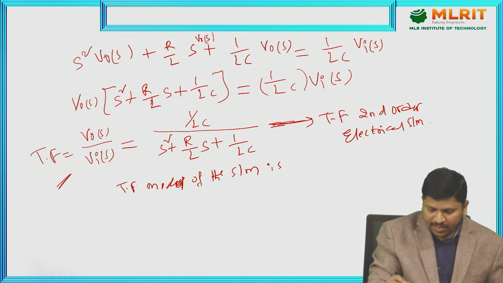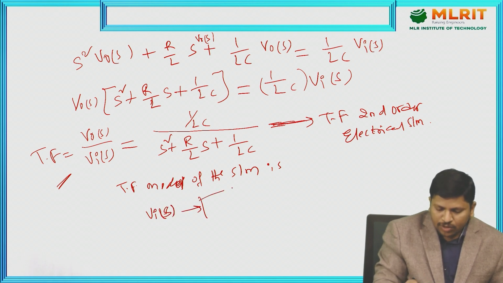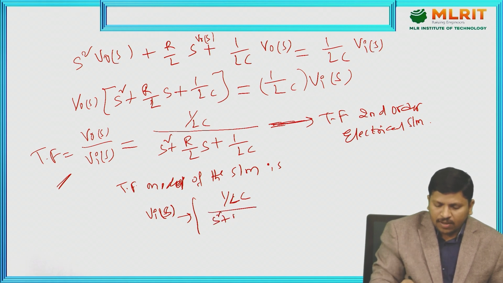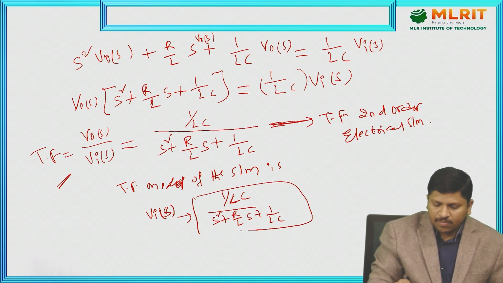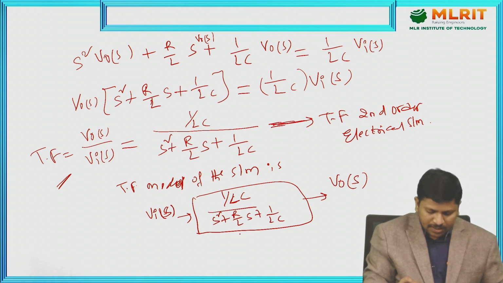The transfer function model of this system is represented with Vi of S as our input. I am going to consider one block. In this block, 1 by LC divided by S square plus R by L into S plus 1 by LC. Output is V naught of S. This is the second order electrical system transfer function model.